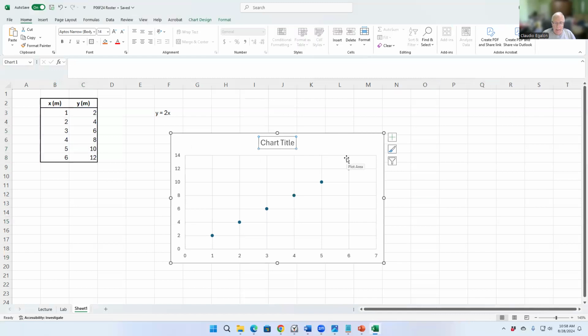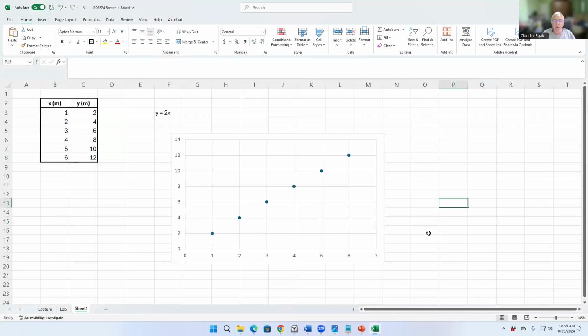In my plots, I don't like to keep a title to the graph. But every time that you plot a graph, you must label the axis. And how do you do that? I'm going to show you.